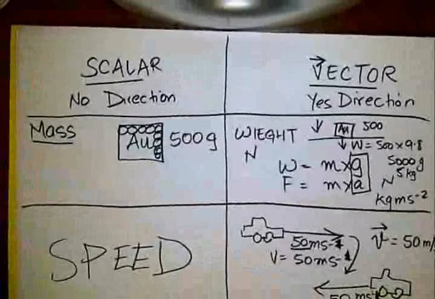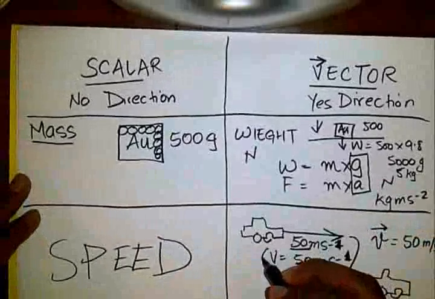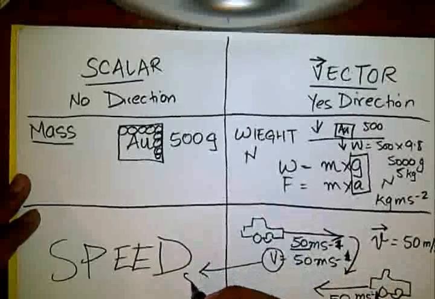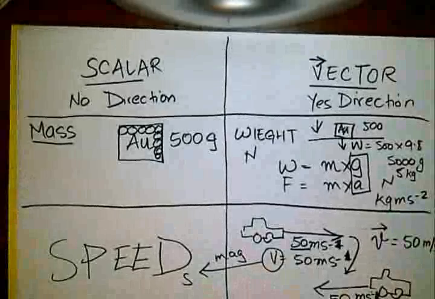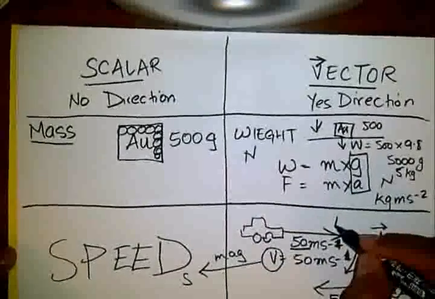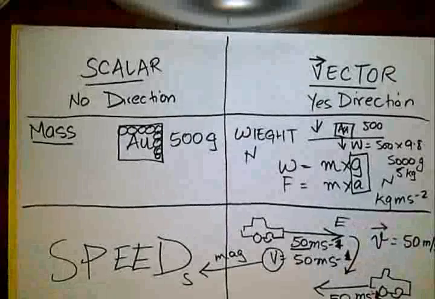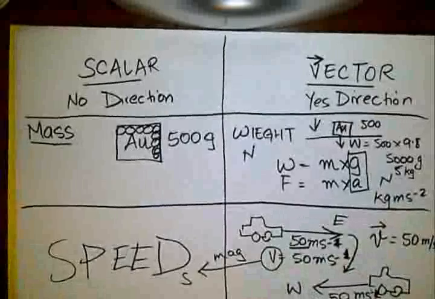Speed is just the magnitude. So the magnitude of velocity is speed. But when we add a direction to it, saying that this car is going, say if we took this as east, this car is going east, that's a velocity. This car is going west, that's a velocity.